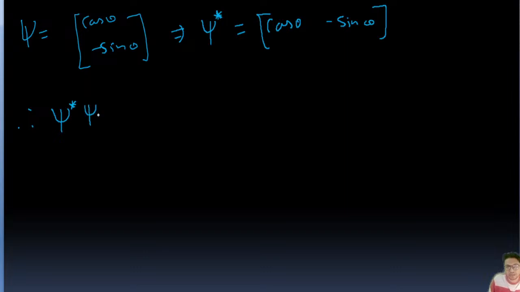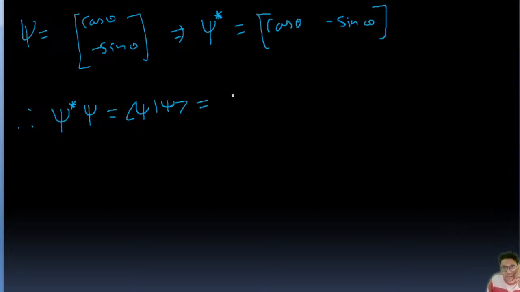So this is the column which we have taken. We'll take its conjugate, and these are real, so this is going to be the row matrix cos theta, minus sin theta. Now we'll find psi star psi.